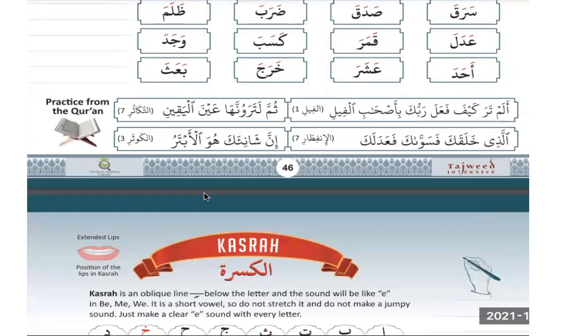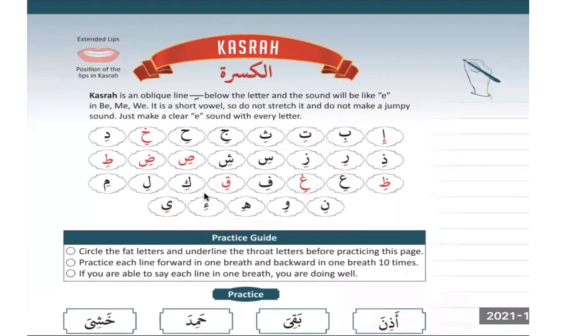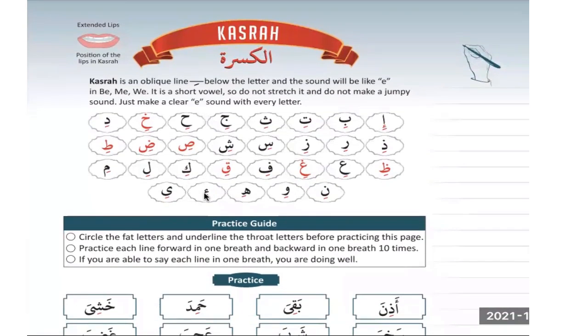Okay? So if we go to the next sign, which is called Kasra. Before, this line was on the top of the letters, isn't it? That time this line was on the top of the letter, and the Hamza is also on the top, right?